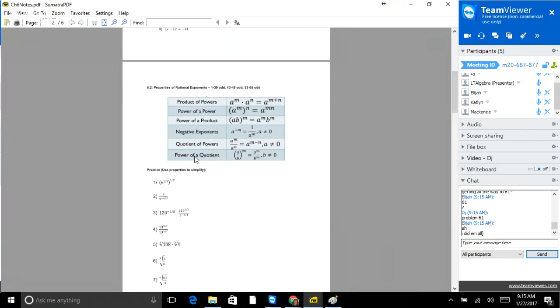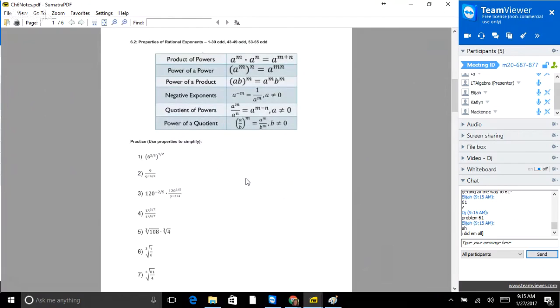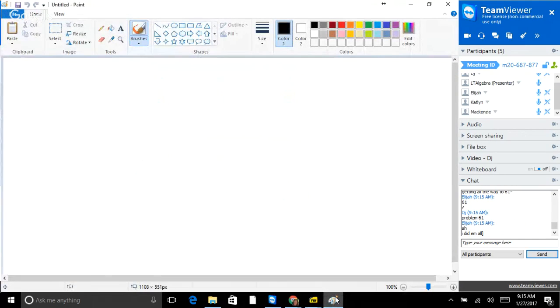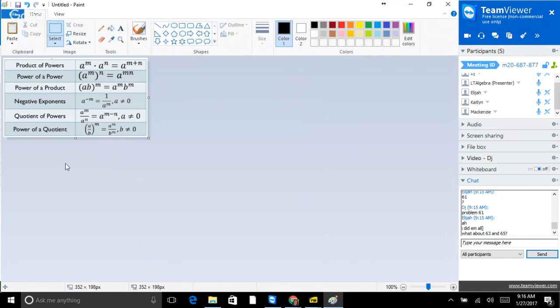Let's do this. Let me zoom in a little bit and pull this up over here. We want to keep this as our cheat sheet. We can do this. We can do the harder ones. Let's just start a little easier, right?